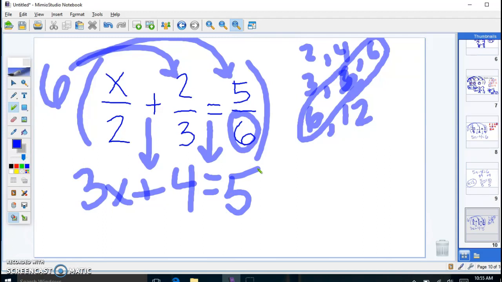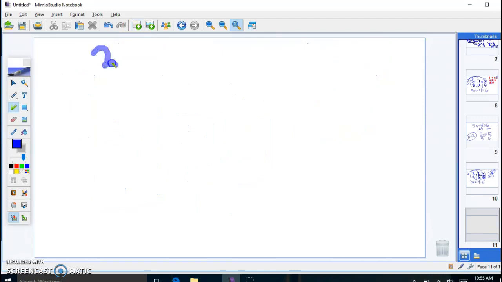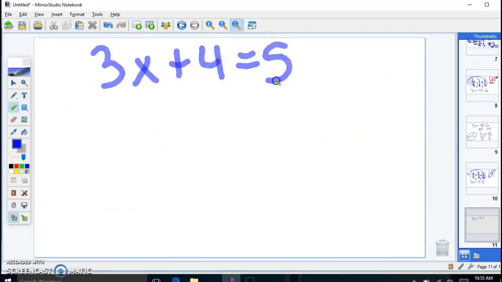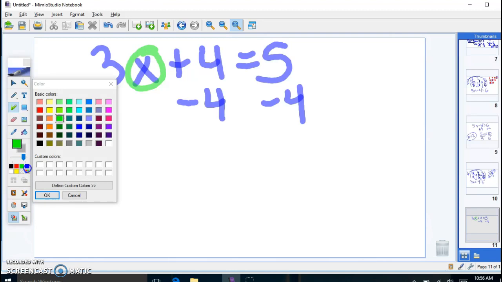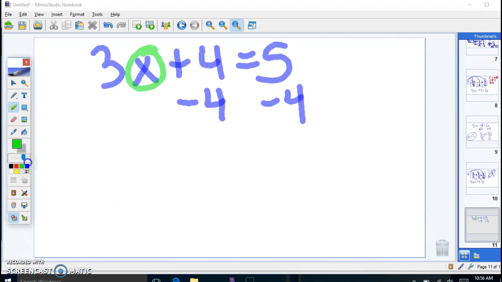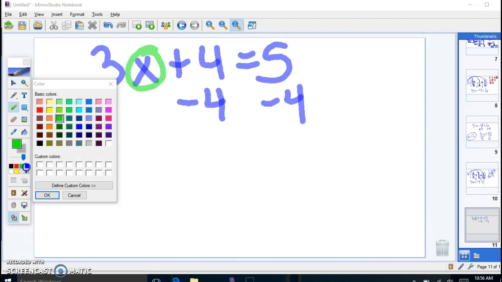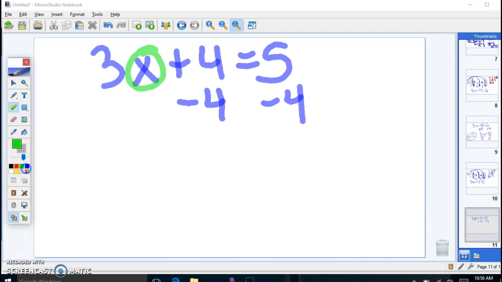So now we're solving the equation 3x plus 4 equals 5. We're going to subtract 4 from both sides, because remember, the goal is to get our variable x all by itself. Subtract 4, that cancels.